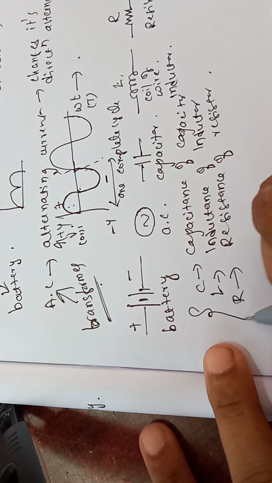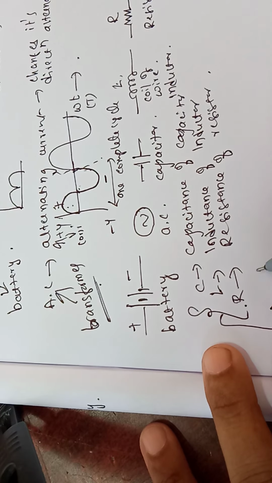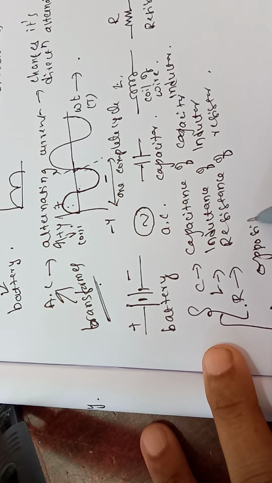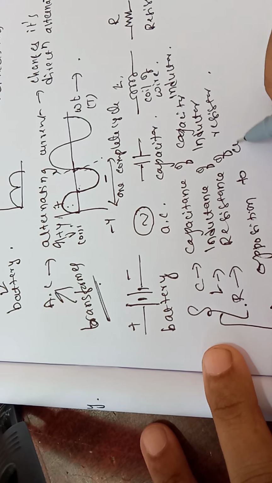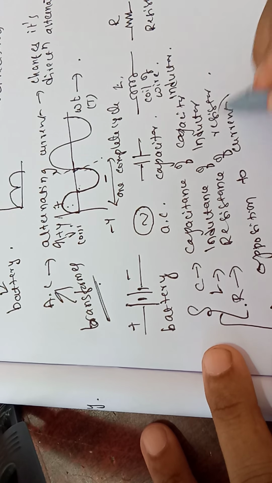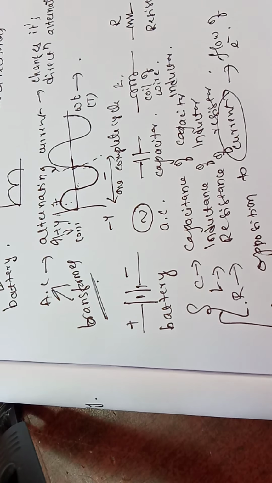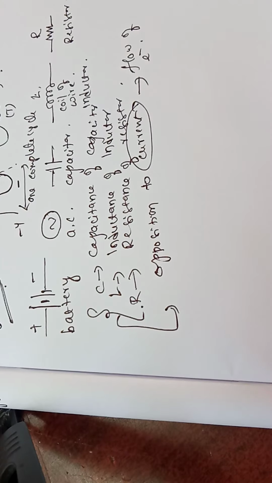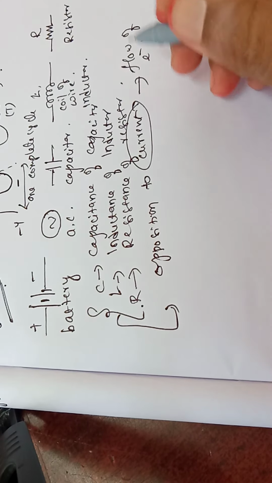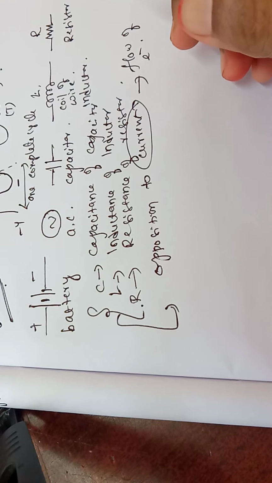Now these three components create opposition to the current. What is current? The flow of electrons, that we call current. These components create opposition to the current.